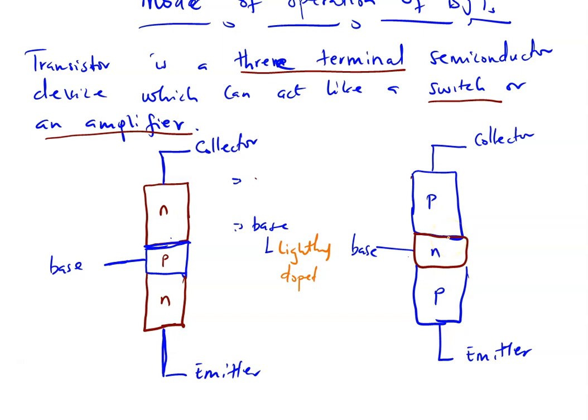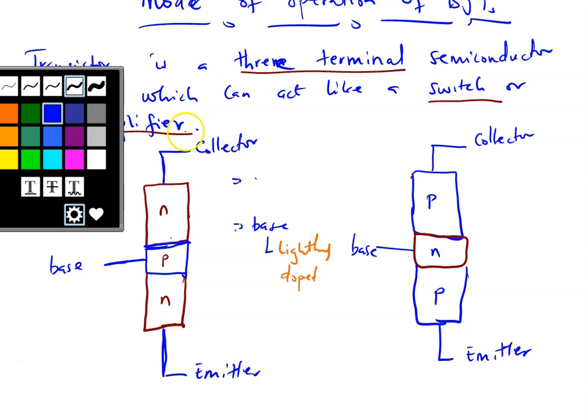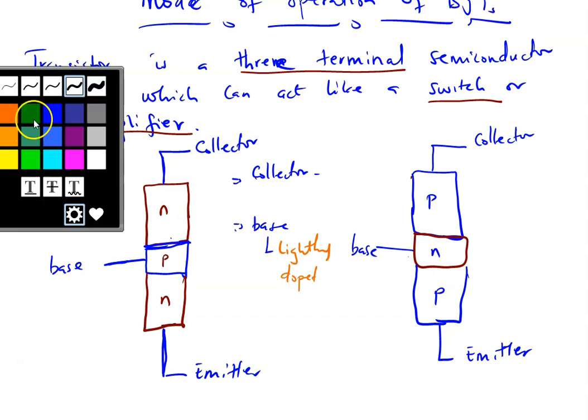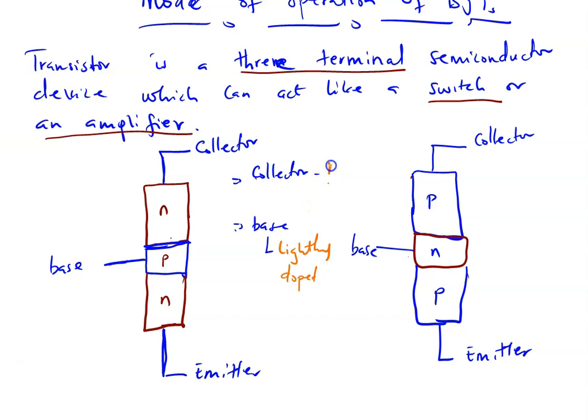But if it comes to the NPN, it's lightly doped with the other type. Whilst the collector is moderately doped.